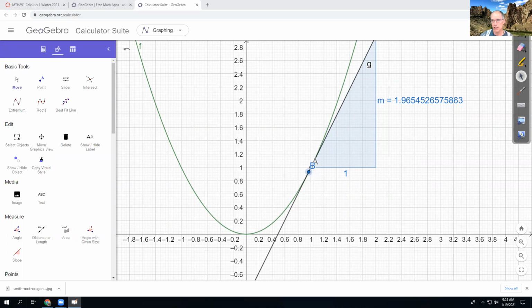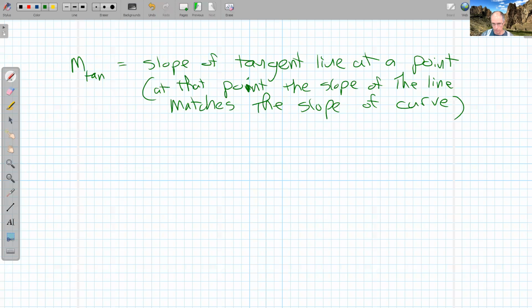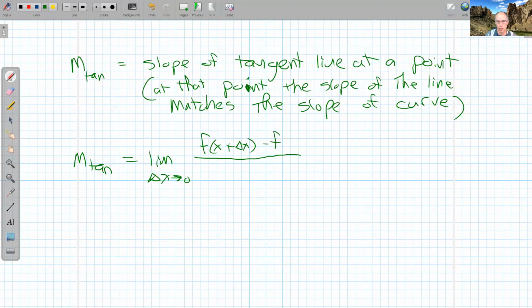And so that takes the idea of limits that we were talking about, seeing if there's a pattern. So in this case, the slope of the tangent line is the limit as delta x goes to 0 of what's called the difference quotient, the rate of change formula, f of x plus delta x minus f of x over delta x. And for us, that cleaned up dramatically.